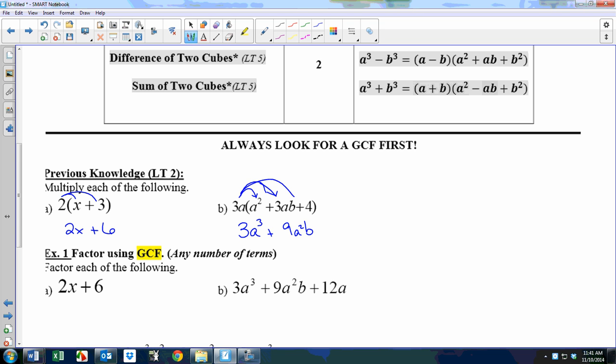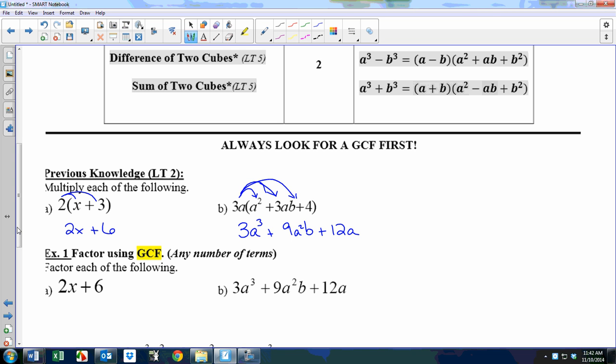And then last, the 3a times the 4 would be 12a. That's old stuff, right? But I think it helps to see the old stuff, to see the multiplication, right before you undo the multiplication. In these 2 problems, A and B below it, and the whole notes work this way. We're starting with the answers we just got, and we're factoring them.